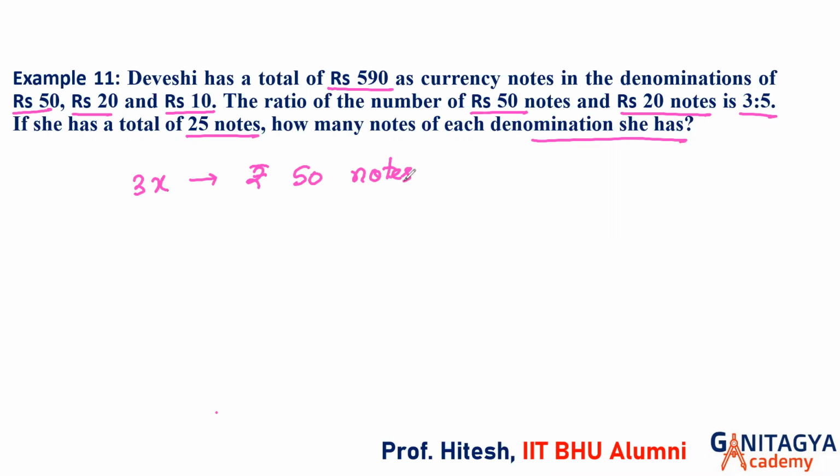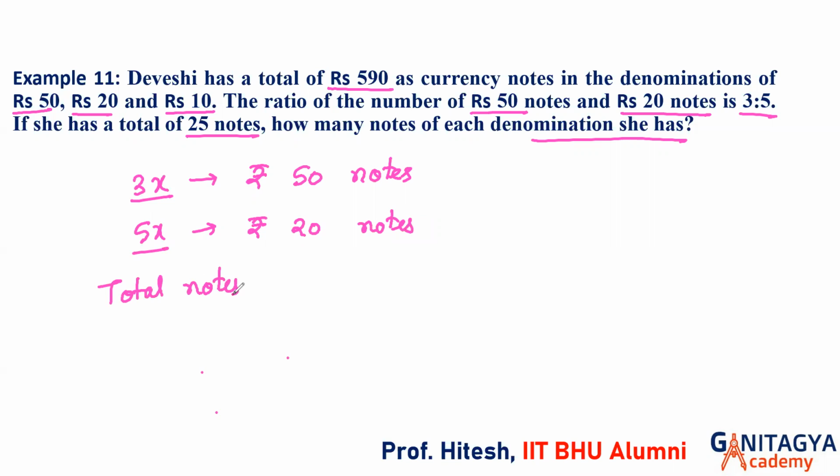And 5x, we can say rupee 20 notes. Understood? 3x is to 5x, that is 3:5. So 3x is the number of notes of rupee 50, 5x is the number of notes of rupee 20. Now, total notes is how much?